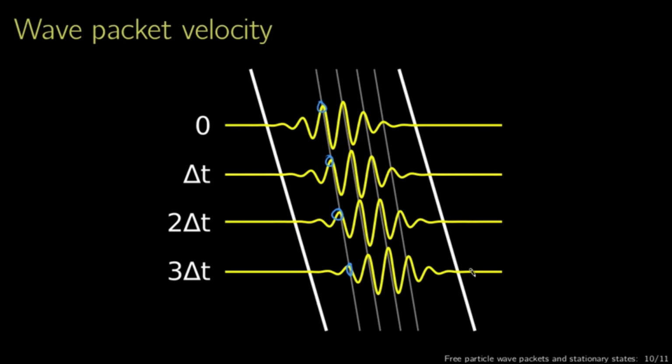The slopes of these lines are different, meaning the features on the waves are propagating at a different speed than the overall wave packet. This is actually a general feature of many waves. It's not something we hear about very often in everyday life because we never really think about whether there might be a difference or not. Plus, most of the common waves that we work with, like sound waves, for instance, don't have this property.